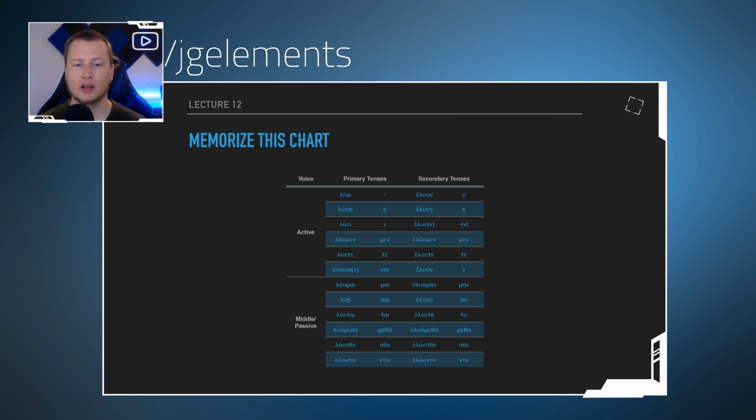Memorize the tense forms in the active and middle passive, but also memorize the tense endings themselves. Trust me, it will be worth your while to be able to recognize these on demand, especially because later forms are going to tap into this same chart. So if you don't have that foundation, that will be a shaky house, right? You don't want that coming crashing down. So do yourself a favor and memorize this chart. Super important.